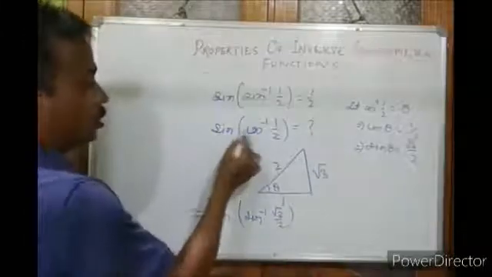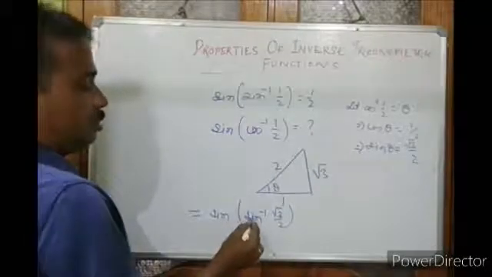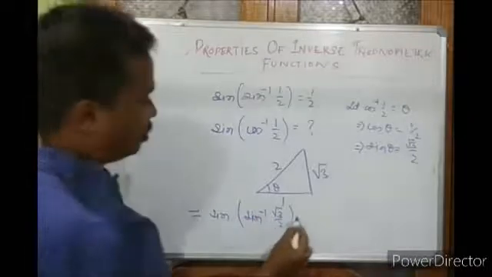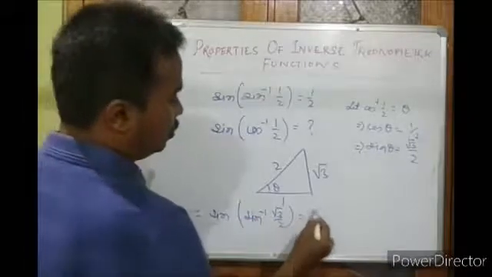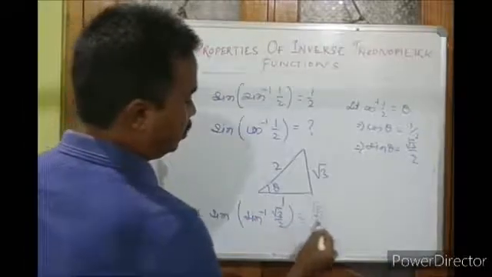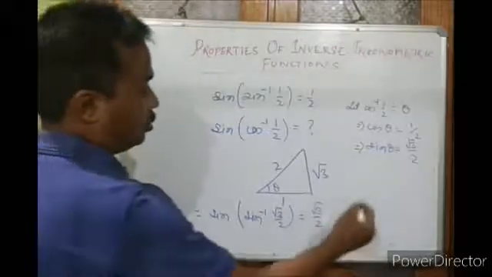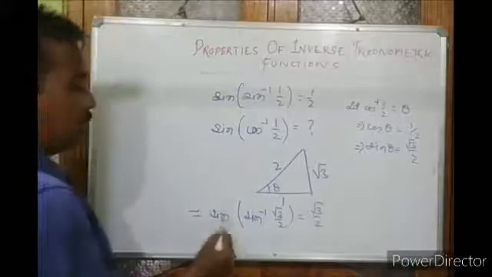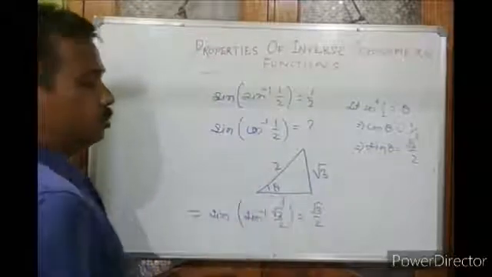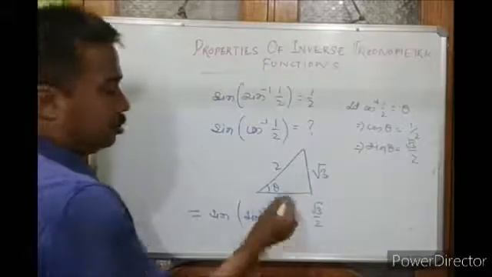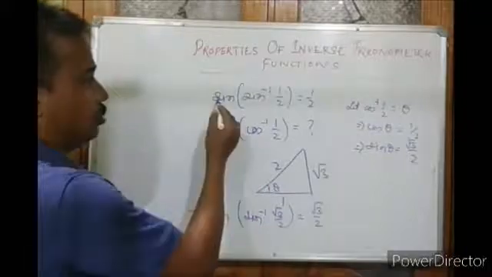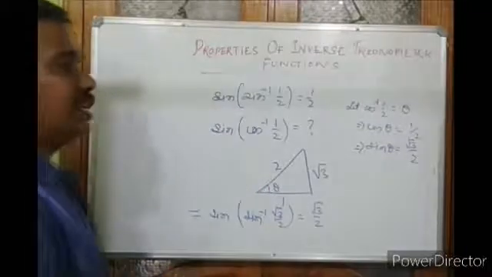So cos inverse half is nothing but sine inverse root 3 by 2. We know root 3 by 2 belongs to the closed interval minus 1 to plus 1, so sine of sine inverse root 3 by 2 is equal to root 3 by 2. We can do any example like this.